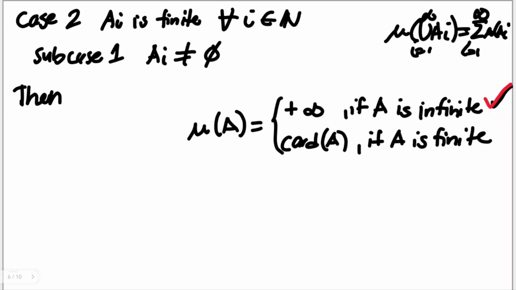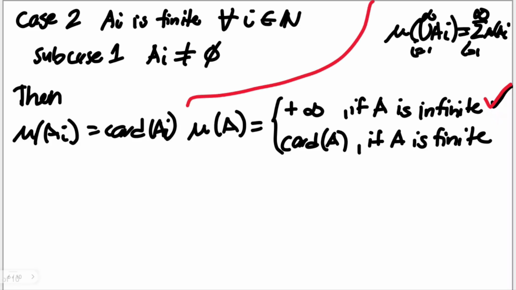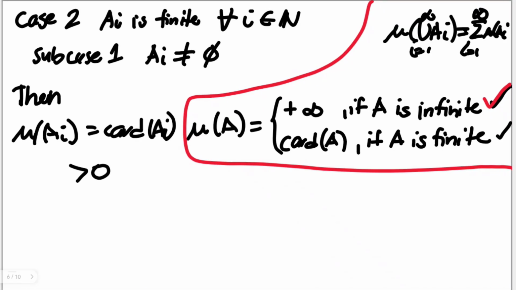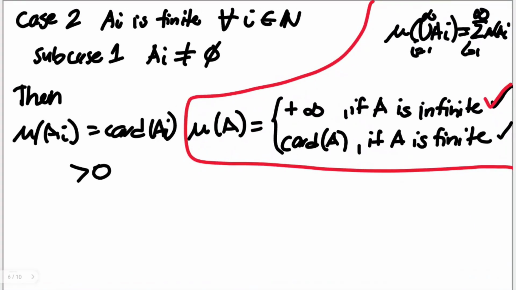We will have here the mu of a sub i is equal to the cardinality of a sub i. Let me separate this, because a sub i is finite, I will be using this second one, which is actually greater than 0, because the cardinality will only be 0 if we consider the empty set.